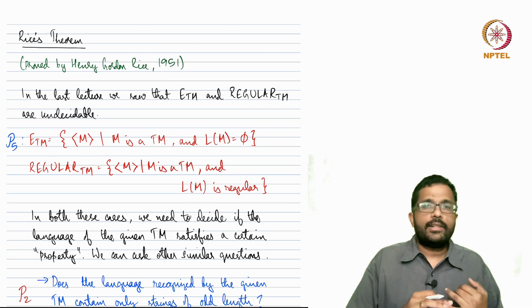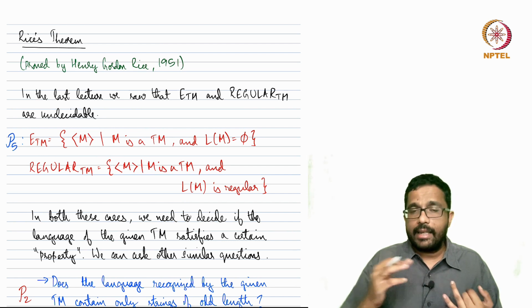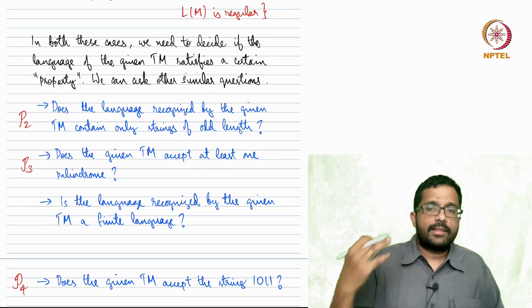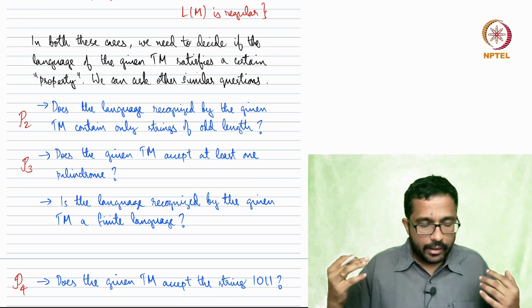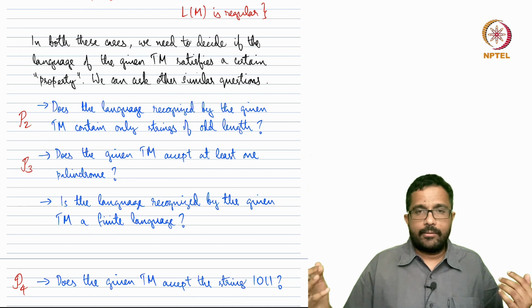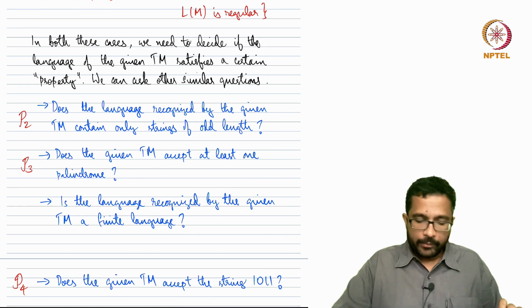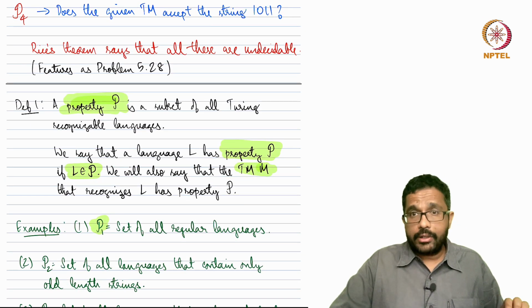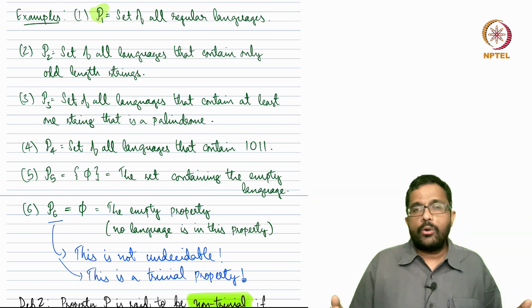So given a Turing machine, it's undecidable to tell whether the language recognized by it is the empty language, or a finite language, or contains a certain string, or contains only a certain type of strings, let's say only palindromes, or at least one palindrome. All these questions are undecidable.